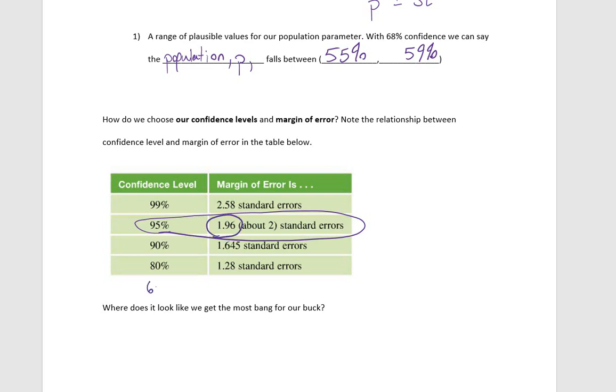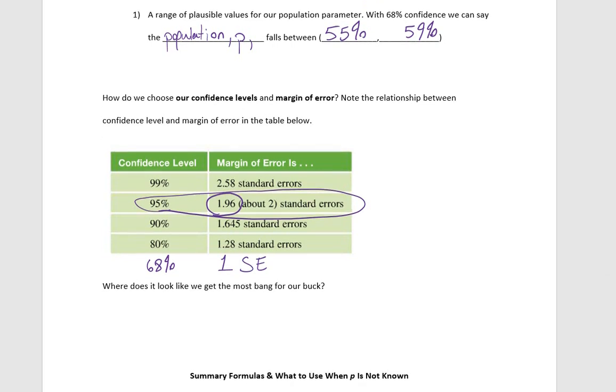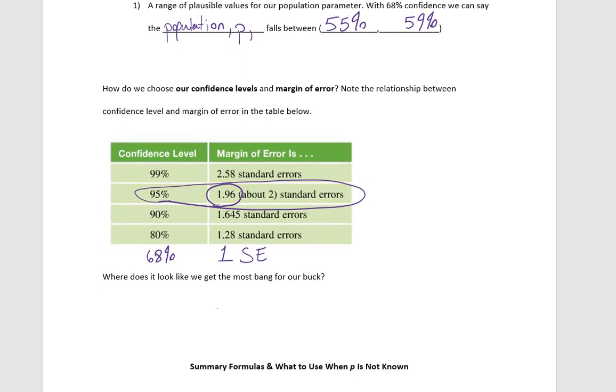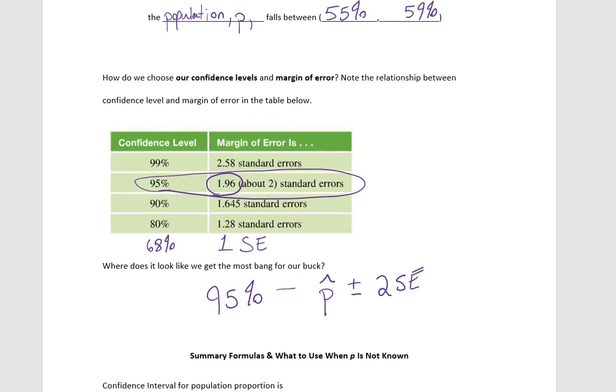If you wanted to be 68% confident, which is incredibly low, nobody really wants to be that low in confidence, that would be 1 standard error. Remember, the margin of error is about how far off you think you are from the actual population. Where we get the most bang for a buck is the 95%, and the way that's calculated is p hat plus or minus 2 standard errors.